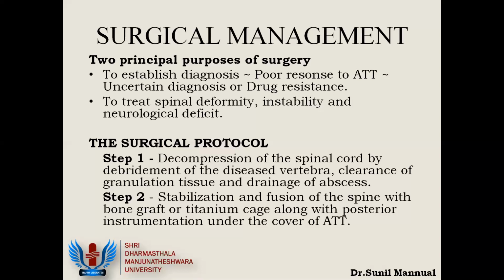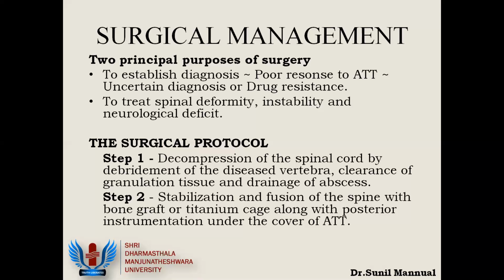That means just like we take up any patient for surgery and we give perioperative antibiotics, similarly here the perioperative antibiotic will be ATT. Whether your diagnosis is confirmed or not, you have to start the patient on ATT and then do this surgery. Later on, if the pathologist comes back and says, no sir, it's not tuberculosis, it's something else, then we can stop the ATT, no problem.